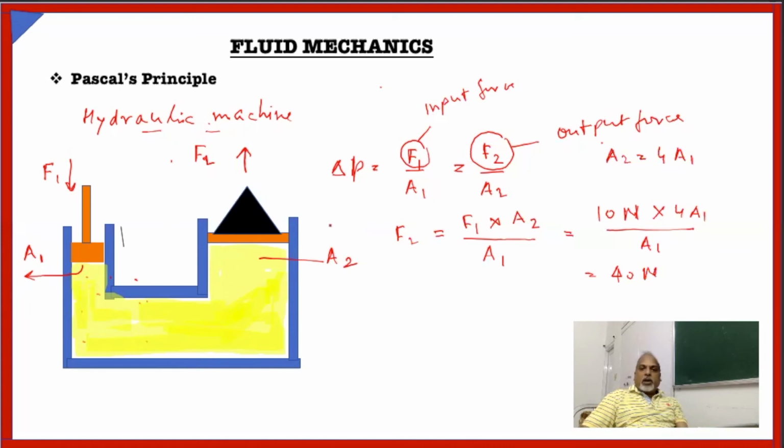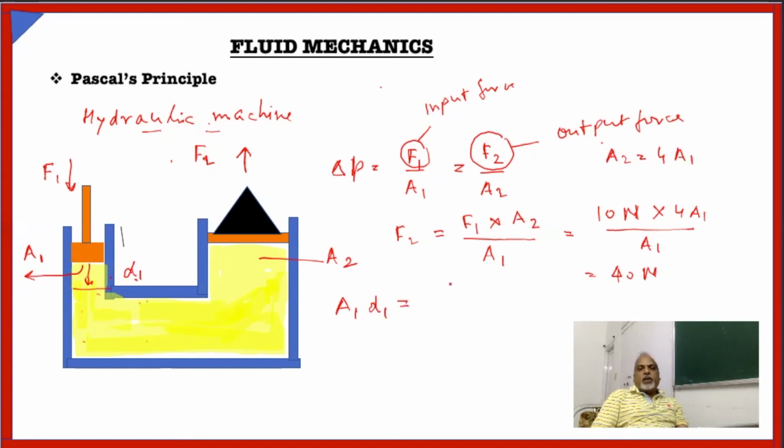Here again, one more thing is there. You are applying a force of F1. Suppose this piston goes down by D1. Then what will be the volume displaced? It will be A1 into D1.